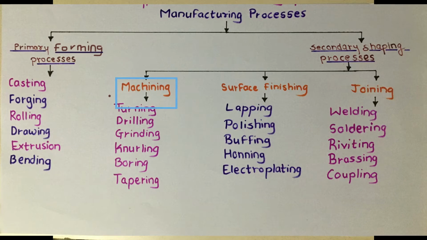Now we will move forward and see the machining process and its types. In the machining process, the metal removal from the workpiece is done by using tools to shape the workpiece into required design.